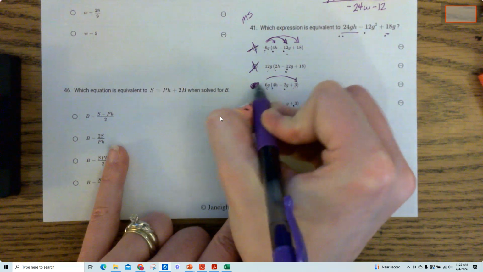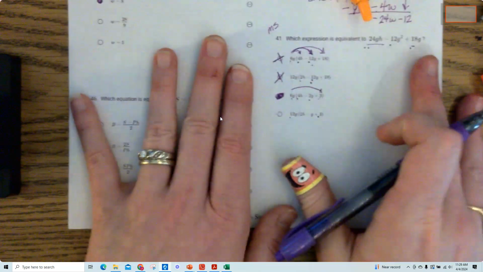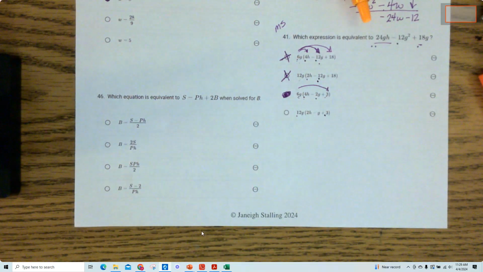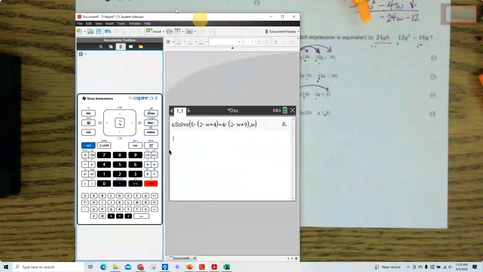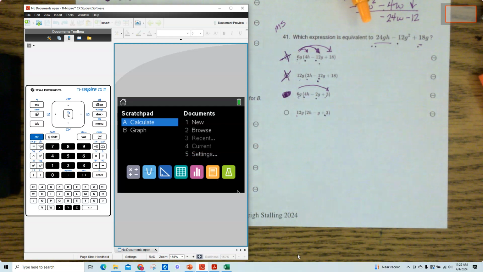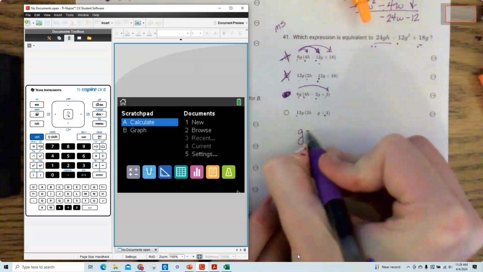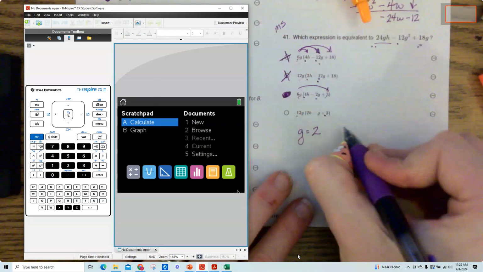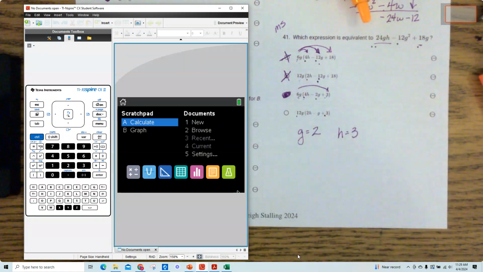All right, there is another way to work these, and we haven't looked at it in a long time. Do y'all remember control var? Yes. This is a control var problem. It is? Mm-hmm. Really? I got 2 letters, right? Uh-huh. G, let's make it equal to 2. H, let's make it equal to 3. It doesn't matter what I pick. I just pick easy numbers.